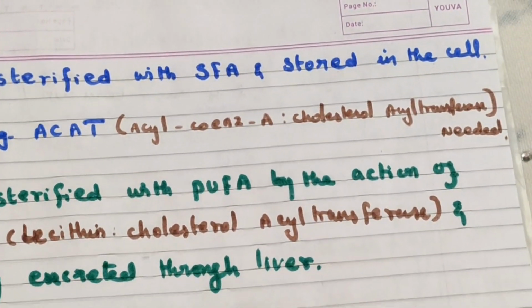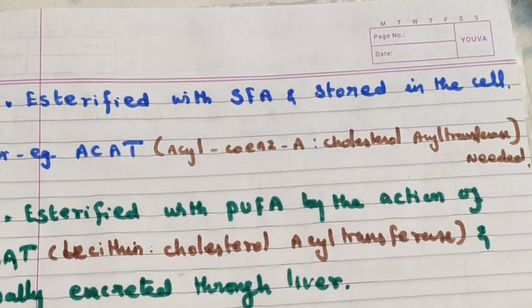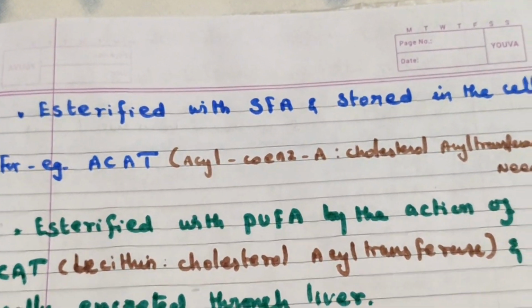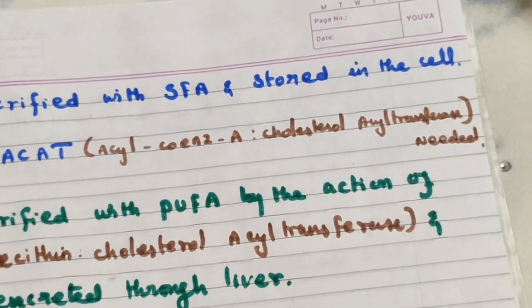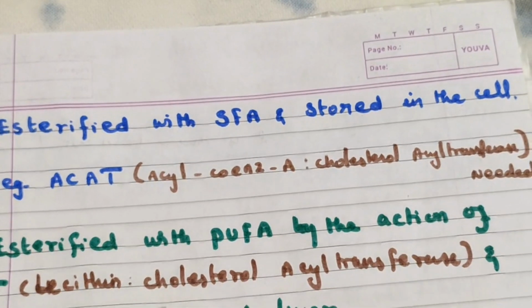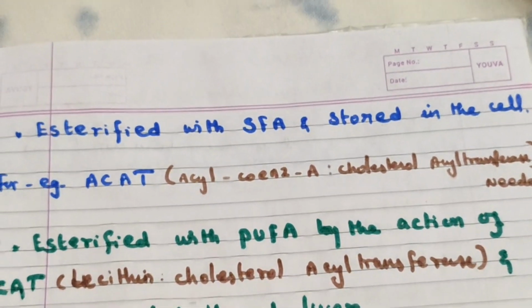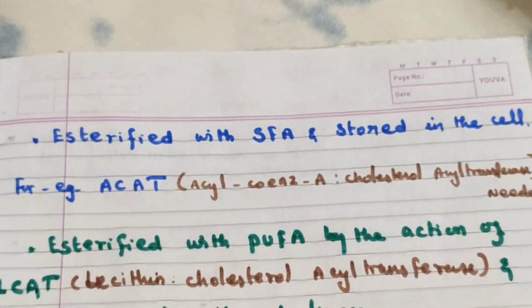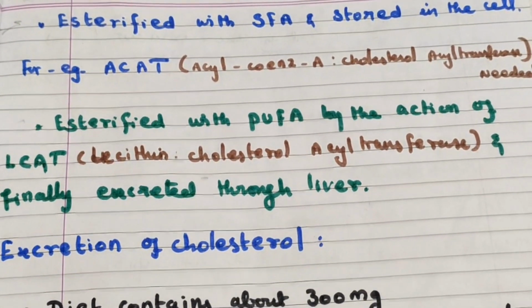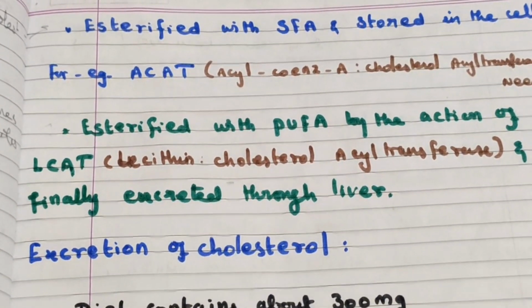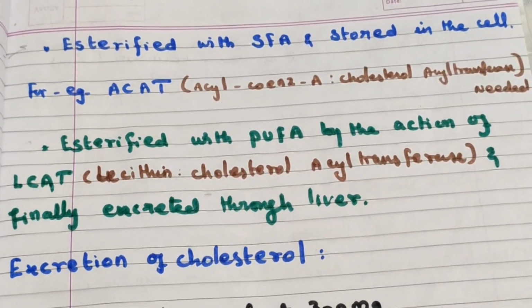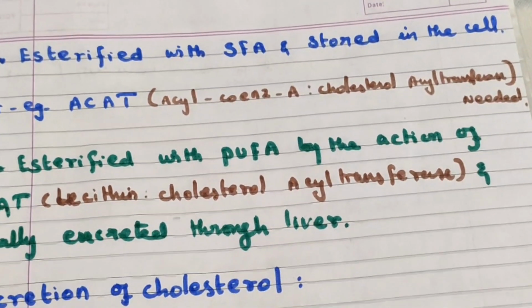Sometimes cells store cholesterol esterified with saturated fatty acid, for which acyl coenzyme A cholesterol acyl transferase is needed. Or it is esterified with polyunsaturated fatty acid by the action of lecithin cholesterol acyl transferase and finally excreted through the liver.